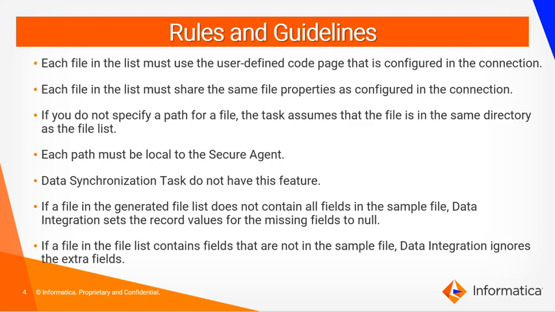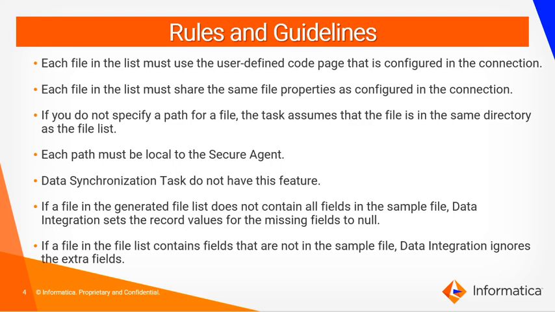Please note that data synchronization task does not have this feature. This can be configured only with a mapping task. If a file in the generated file list does not contain all the fields in the sample file, Data Integration sets the record values for the missing fields to null.